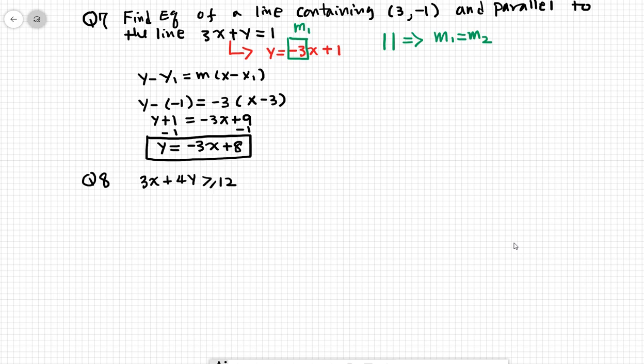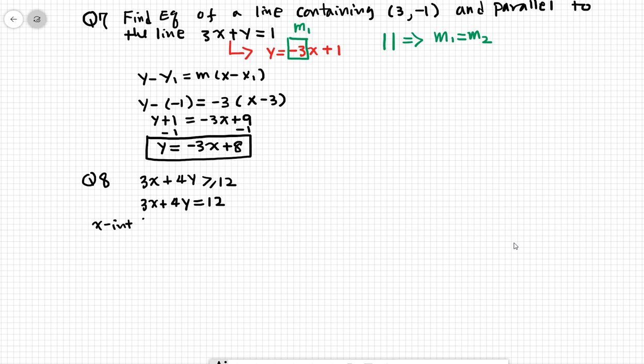The first thing that I want you to do is rewrite it as the equation. So we have 3x plus 4y equals 12. Then I want you to use the y-intercept and x-intercept to find those two intercepts here.